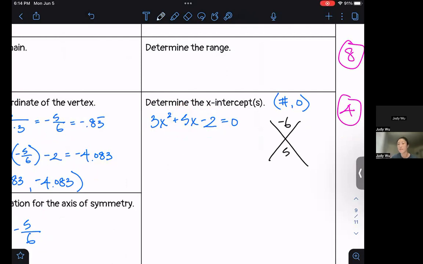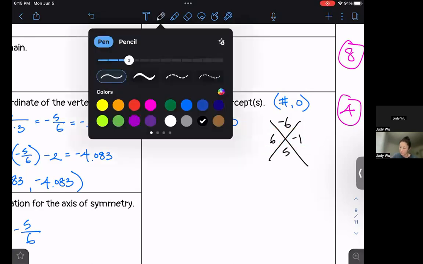And then we want to think of numbers that multiply to make negative 6, but add to make 5, all right? And so if I have 6 and a negative 1, 6 minus 1 is 5, but 6 times negative 1 is negative 6. And what that means is instead of writing plus 5x, I can actually write plus 6x minus 1x. I can unsimplify that, okay?